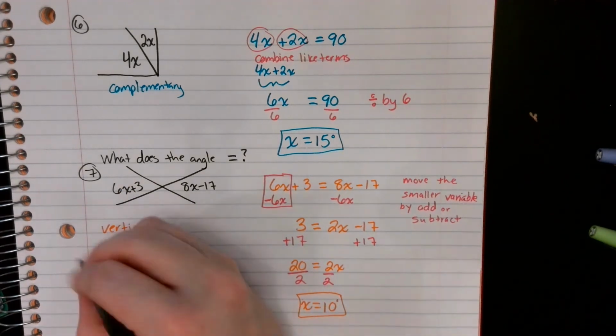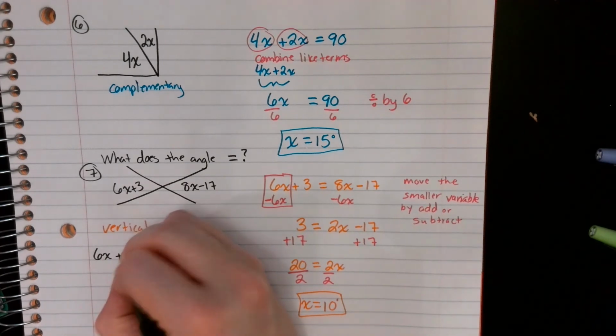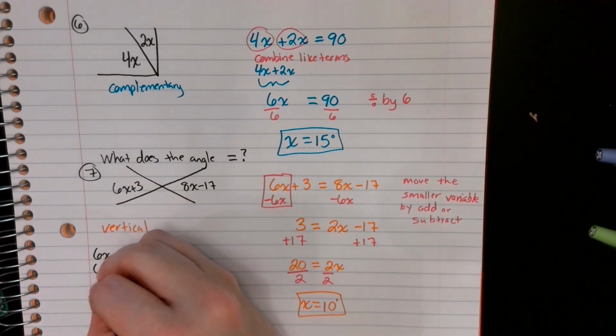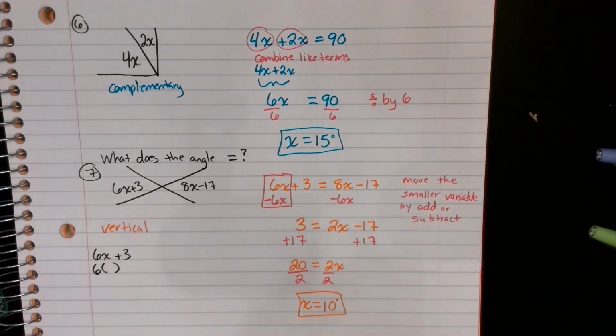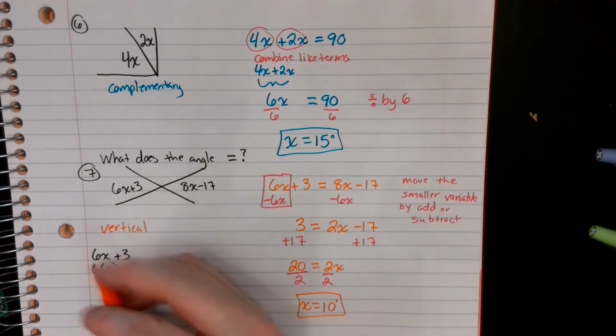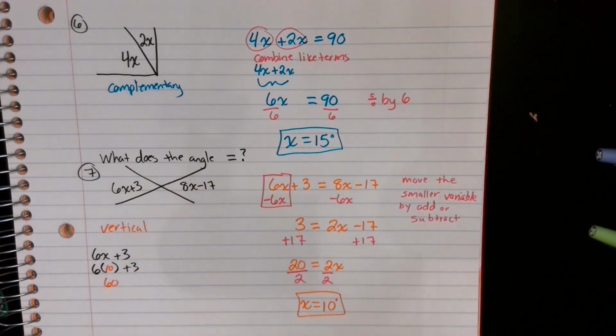So right now, if I've got 6x plus 3, then instead of 6 times x, it's going to be 6 times 10 plus 3. Well, 6 times 10 is going to give me 60, and then 60 plus 3 is going to give me 63.